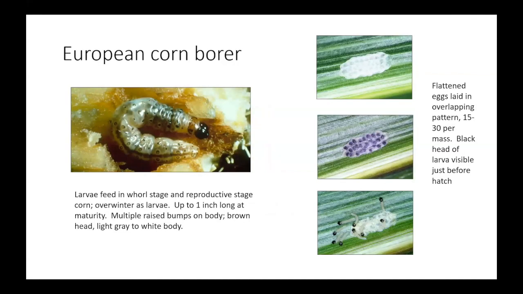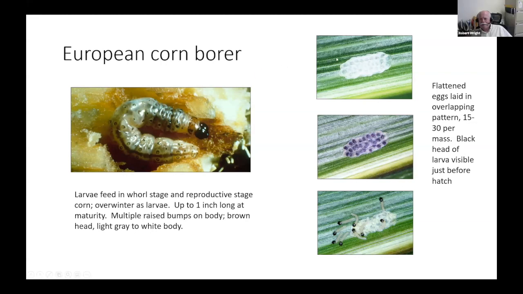And we have less of these than we used to, but European corn borers are still around. There are 2 generations a year in Nebraska. Larvae can feed in both the whorl stage and reproductive stage. We scout typically for the egg masses, and they have a unique appearance.